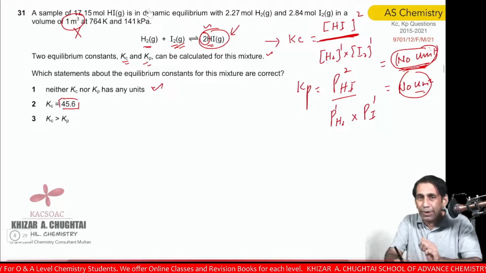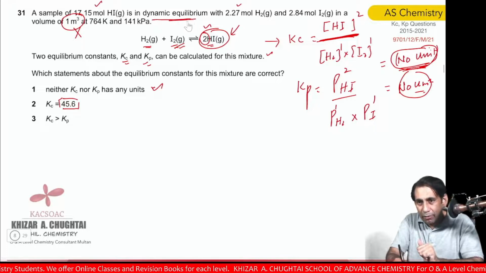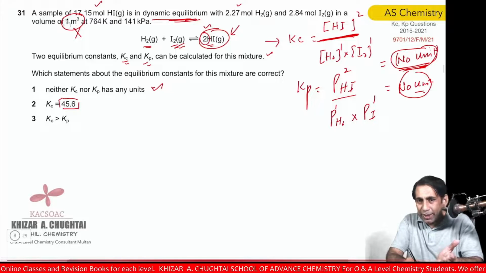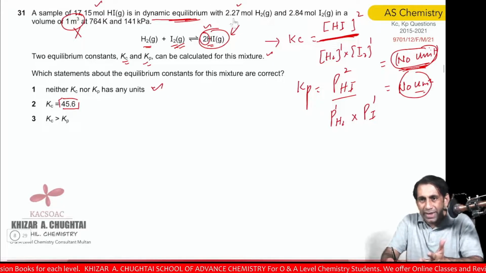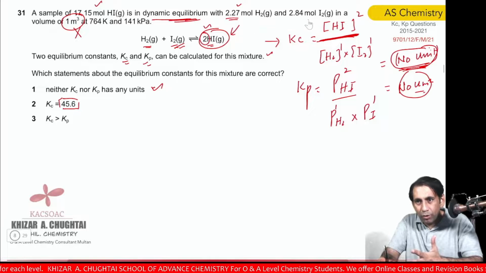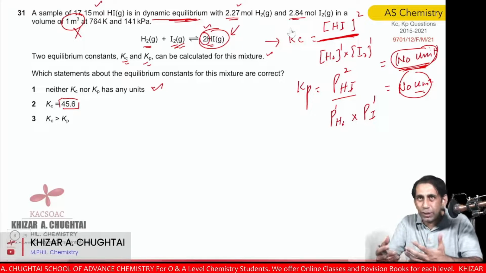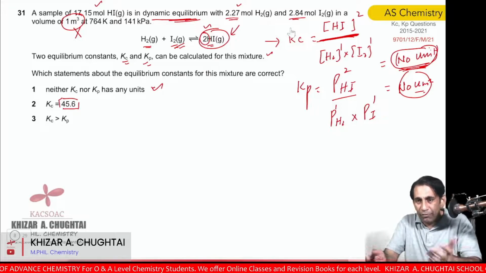You can simply put these moles. These are at the stage of dynamic equilibrium. At dynamic equilibrium, HI is equal to 17.15 mole, hydrogen is 2.27 mole, and iodine is 2.84 mole. I am putting these values, just the moles, not in the form of concentration.